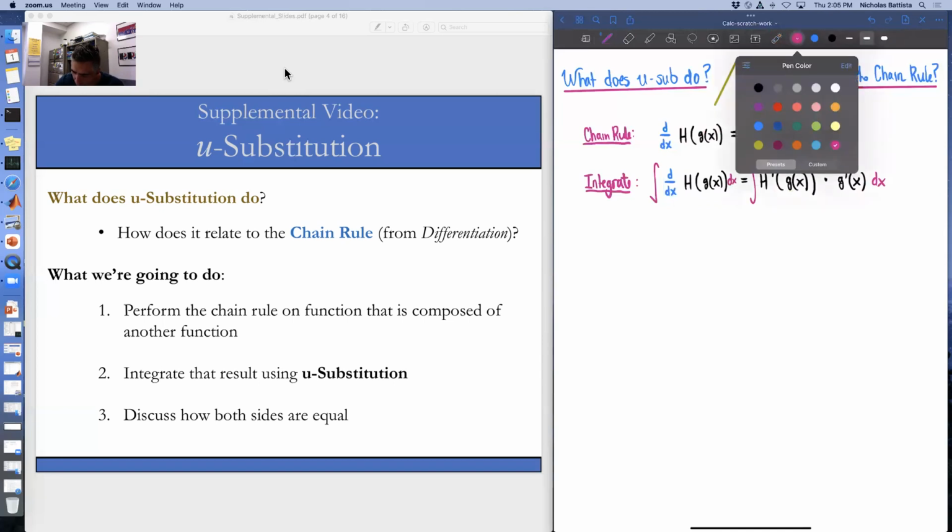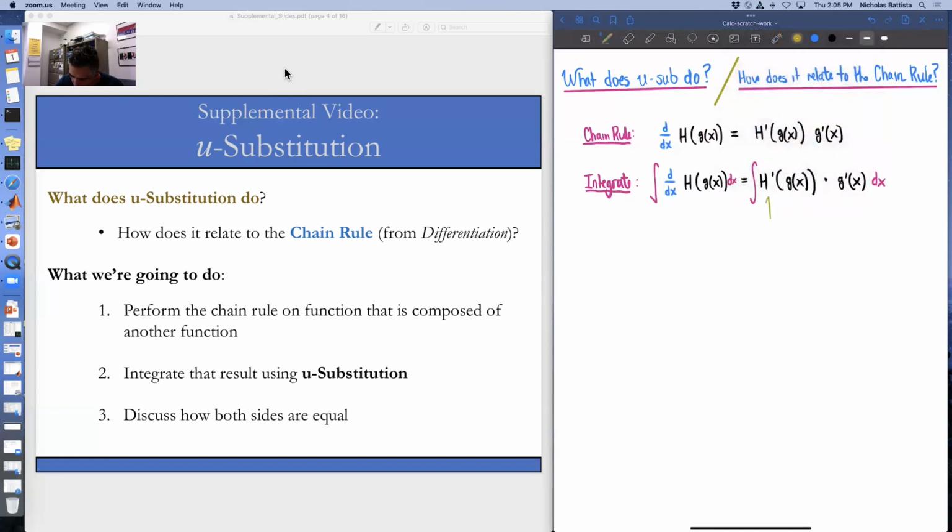So looking at these functions, we notice we have this h prime, which is a function of g of x, but then we have the derivative of g of x sitting there on the end. So for u-substitution problems, what we'd like to see is a function whose derivative is sitting there inside of that integral as well, because we hope to cancel out, in this case, that g prime of x, or that derivative, through the substitution.